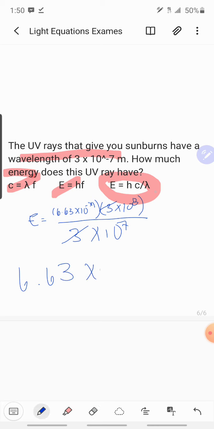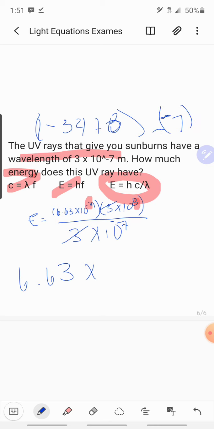So now, again, we have this kind of weird dynamic with our exponents. These two are multiplying. So I'm going to do minus 34 plus 8, because those two are multiplying, and whenever we multiply, we add the exponents. And then we'll do minus 7.